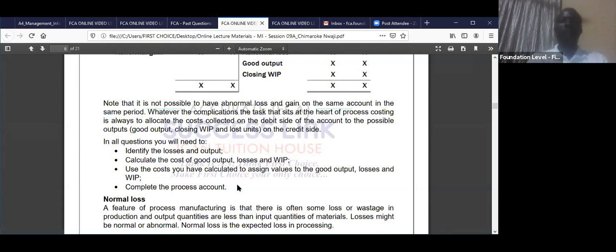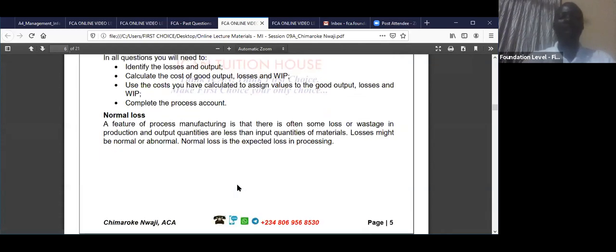Okay, let's discuss something about normal loss. I've explained it before, but let's look at the explanation here. A feature of process manufacturing is that there is often loss or wastage in production, and output quantities are less than input quantities. So what you put in might be higher than what you are getting out. So that's losses.